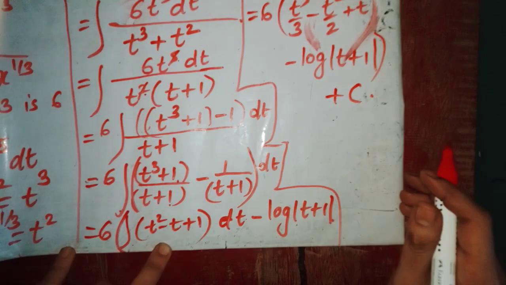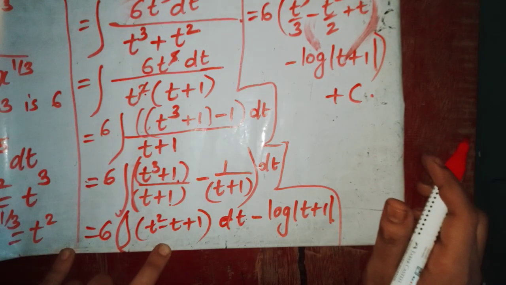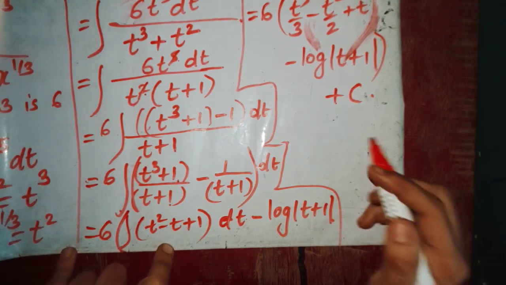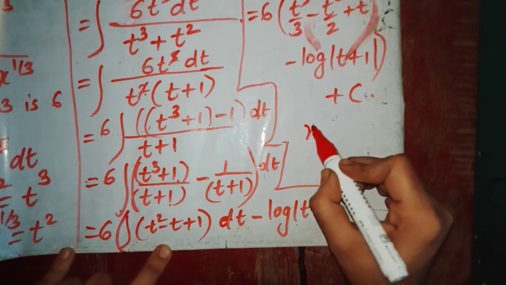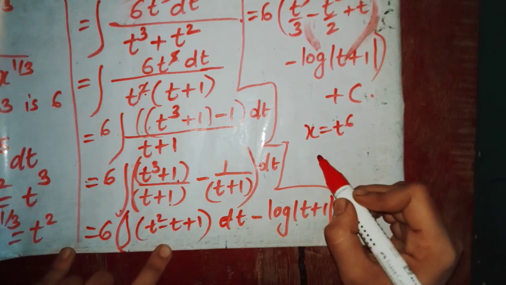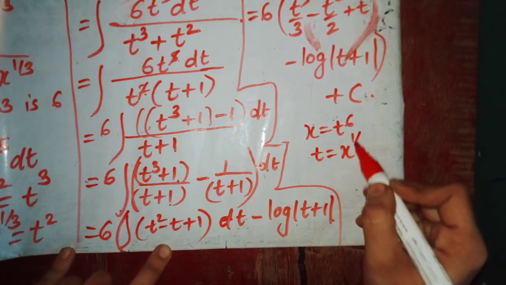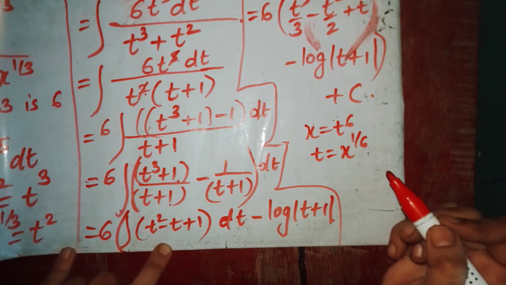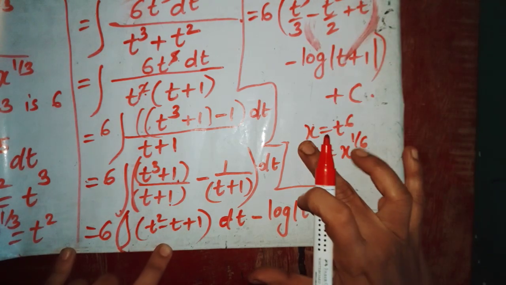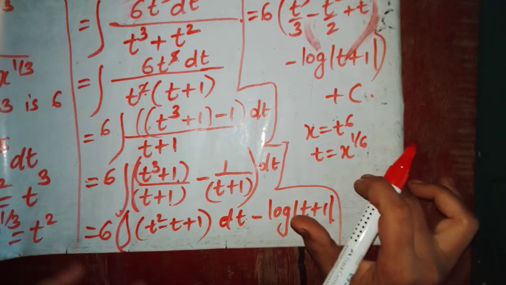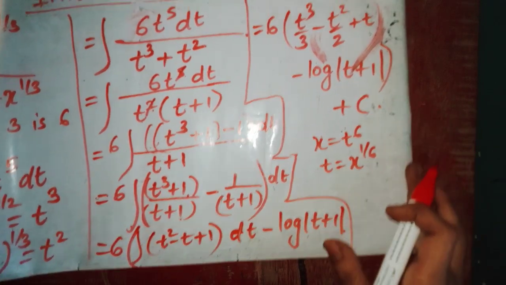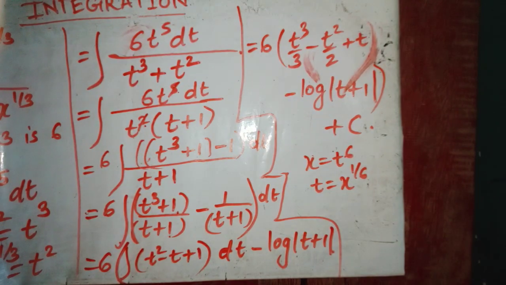Okay, so in place of t you have to put x. Now we had taken x equal to t raised to 6, so t will be x raised to 1 by 6. So in place of t you have to put x raised to 1 by 6. Okay, then that will be your final answer.